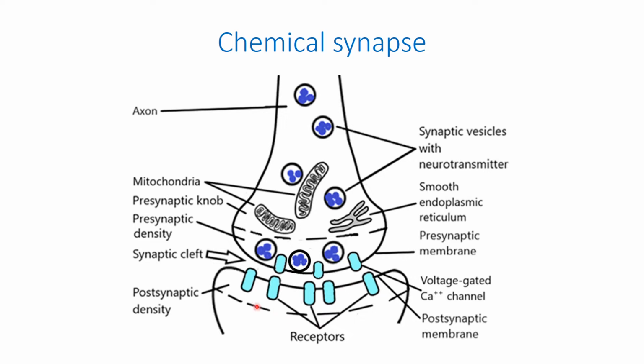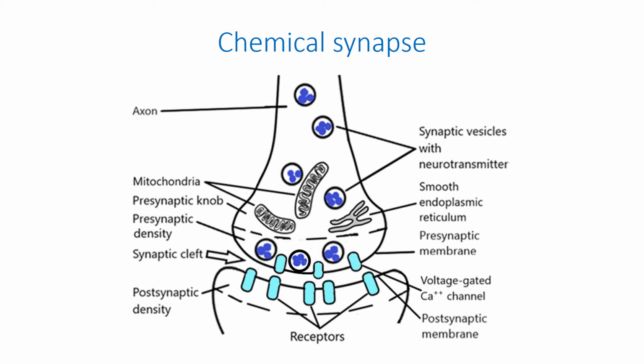And postsynaptic region, it is the area of the membrane of the postsynaptic neuron where receptors with which neurotransmitters interact are localized. The presynaptic region includes synaptic vesicles with neurotransmitters, mitochondria, smooth endoplasmic reticulum, and presynaptic plasma membrane.